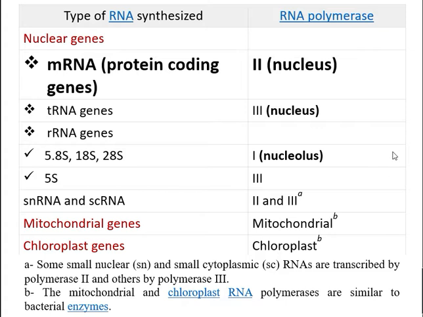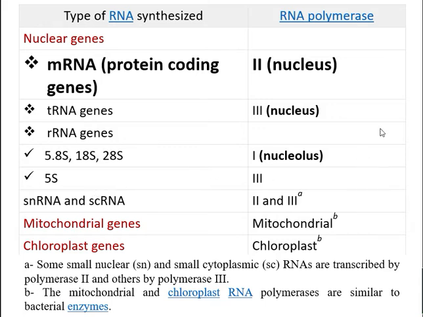Then comes RNA polymerase 3, which transcribes the tRNA genes. So we can say RNA polymerase 1 produces these rRNAs, RNA polymerase 2 produces mRNA, and RNA polymerase 3 produces tRNA as well as 5S rRNA.